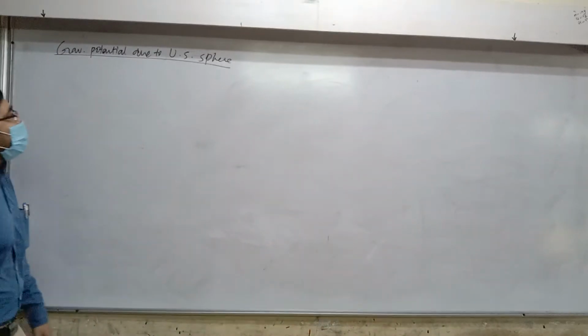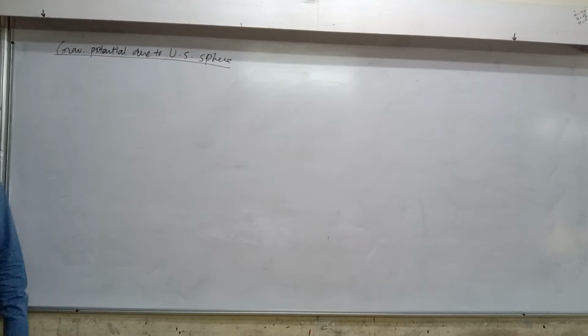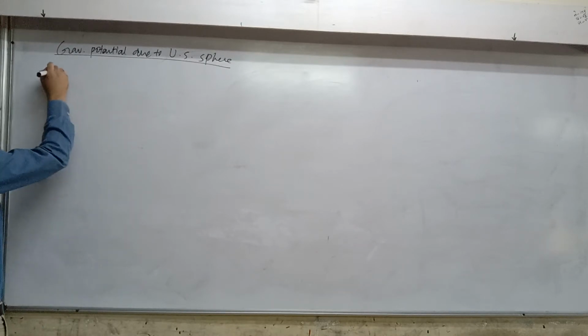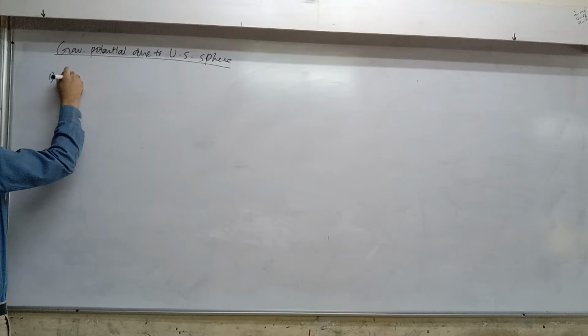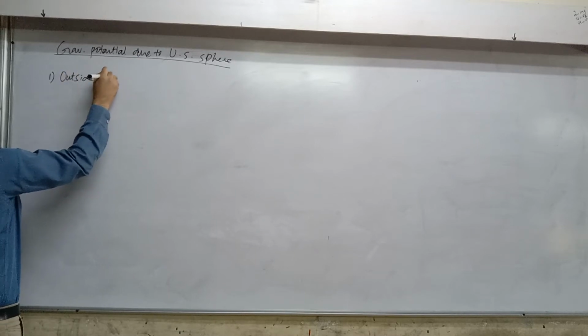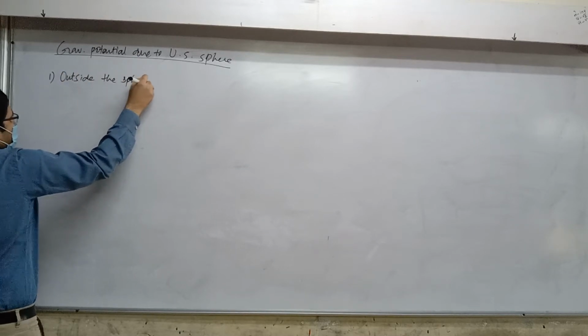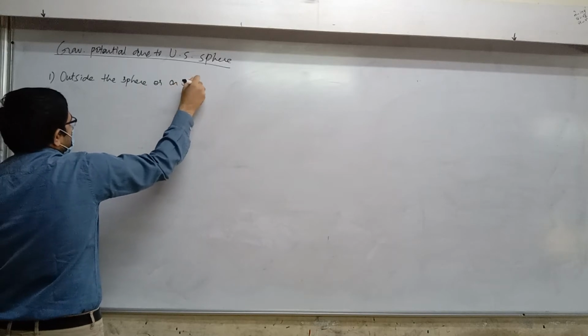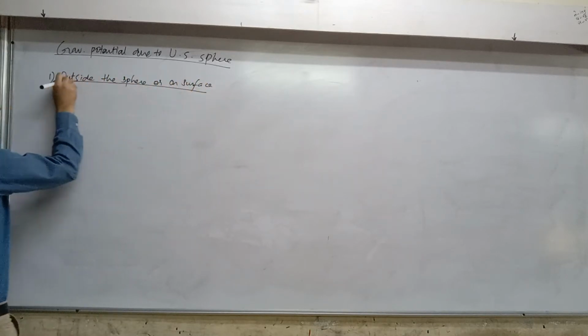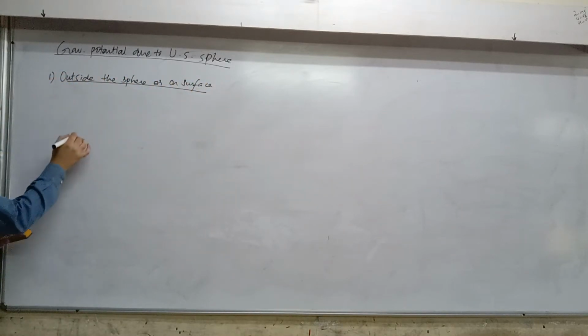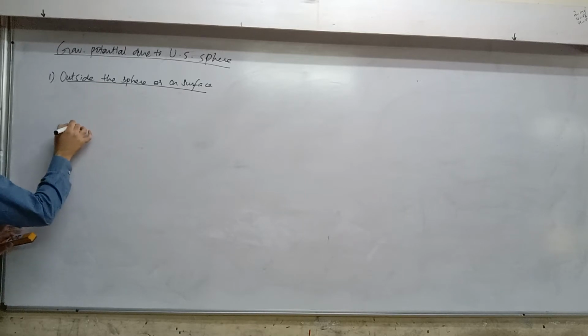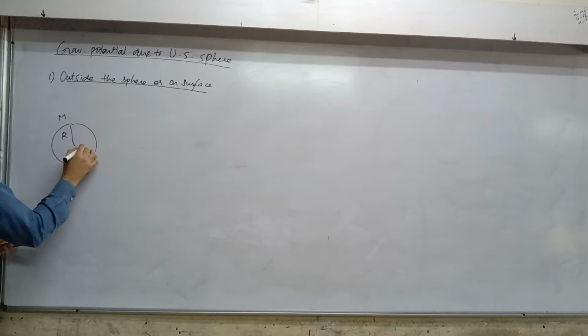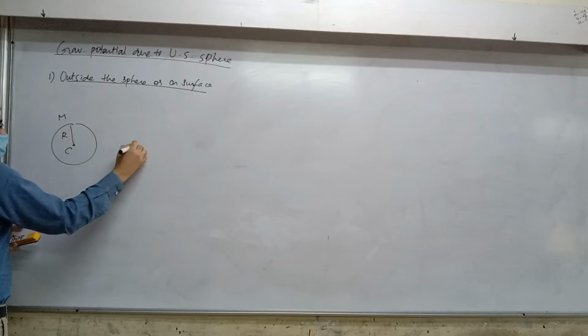Okay, so gravitational potential due to a uniform solid sphere. This time again, number one, outside the sphere, which is once again going to be very simple, or on the surface. Let's say here is the sphere of radius r and mass m, here is center C. Suppose there is a point P here.